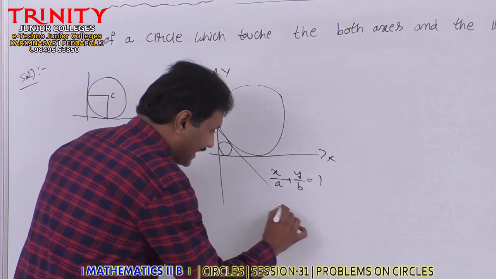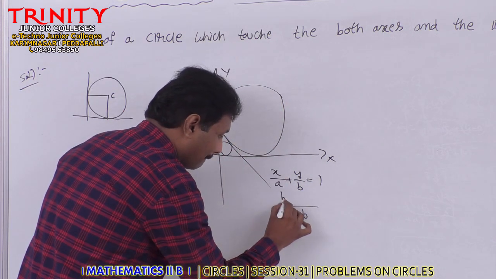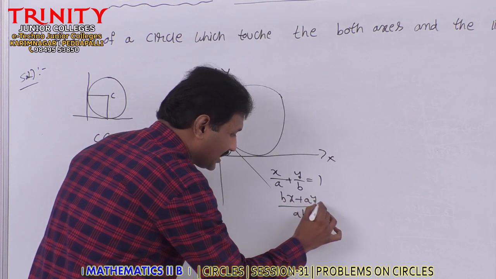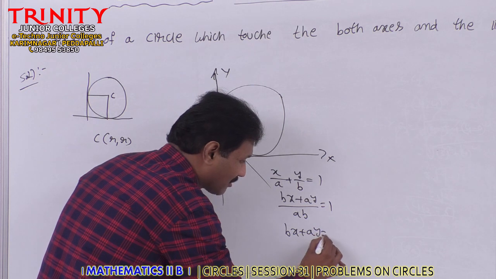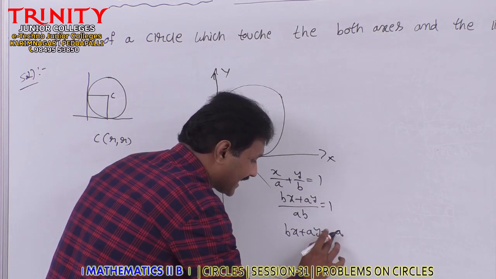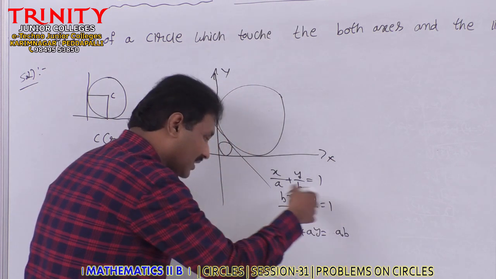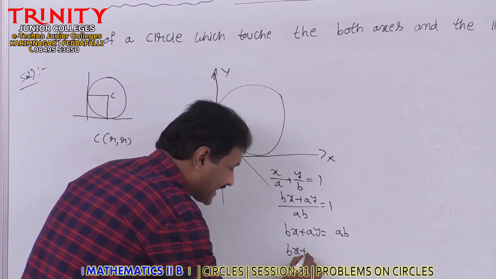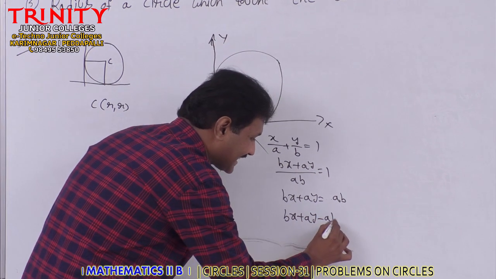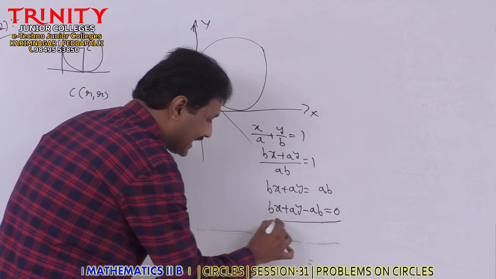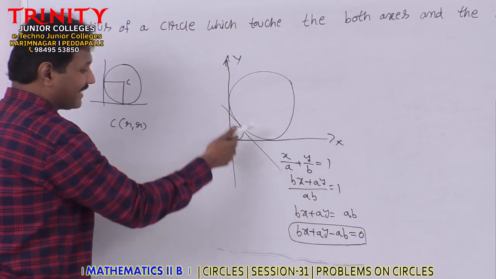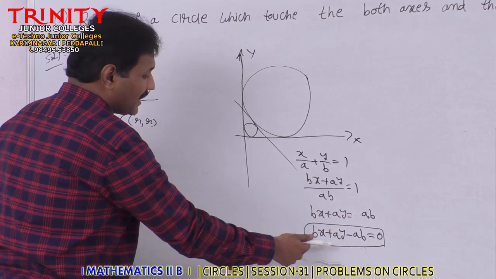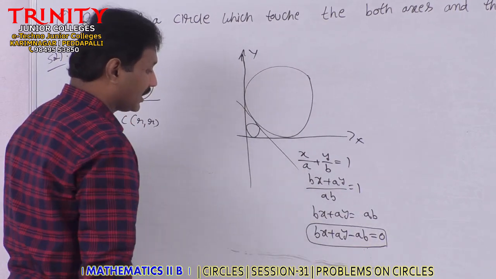Take the LCM, ab. bx + ay = ab. Taking all terms to the same side, bx + ay − ab = 0. This is the equation of the given line. Our required circle touches the line bx + ay − ab = 0.